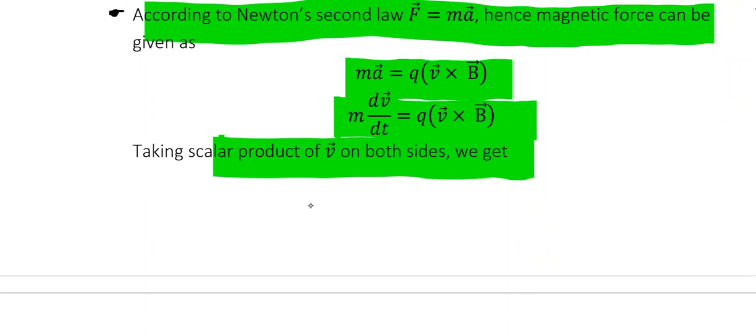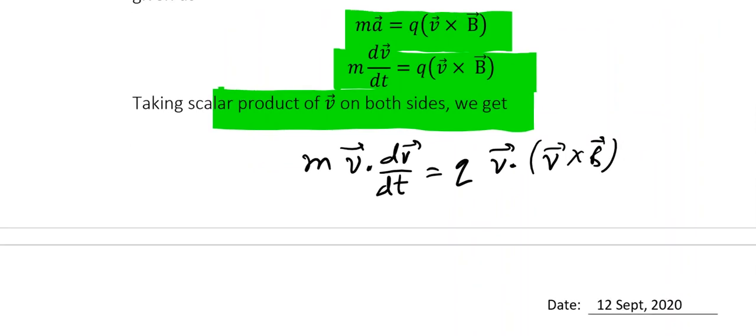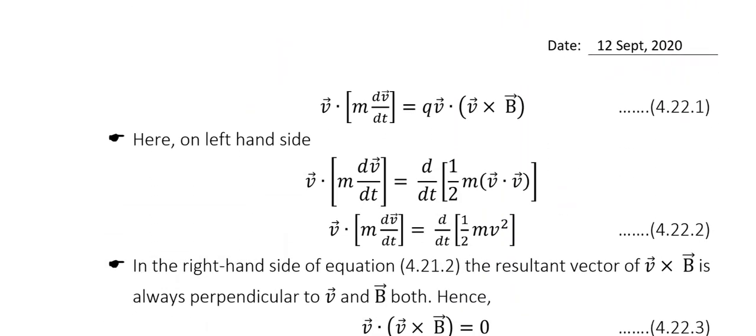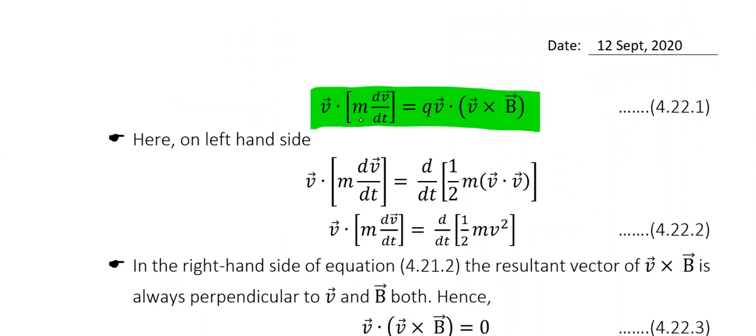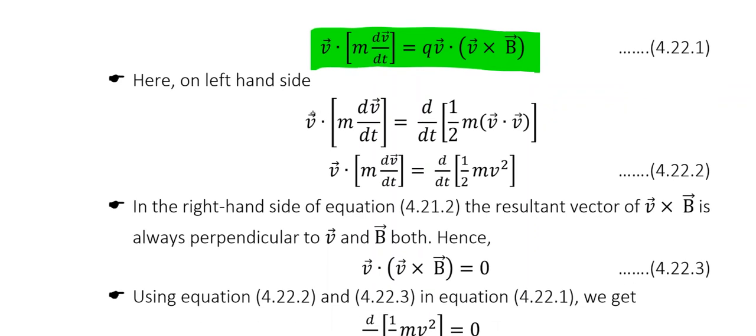If I take scalar product, I will have m v dot dv by dt is equal to q v dot v cross B. So see here it is the same thing. M being constant, you can put it anywhere, and then this is what we get.